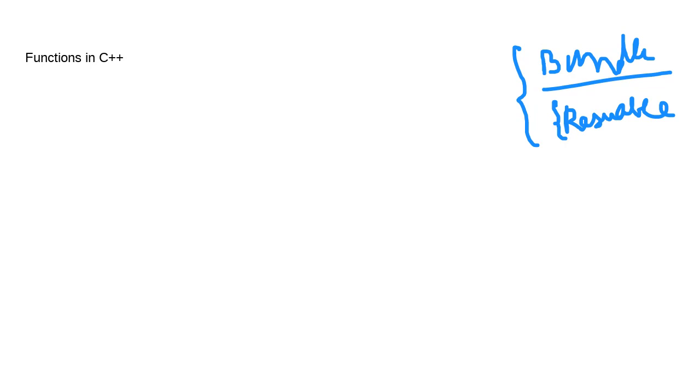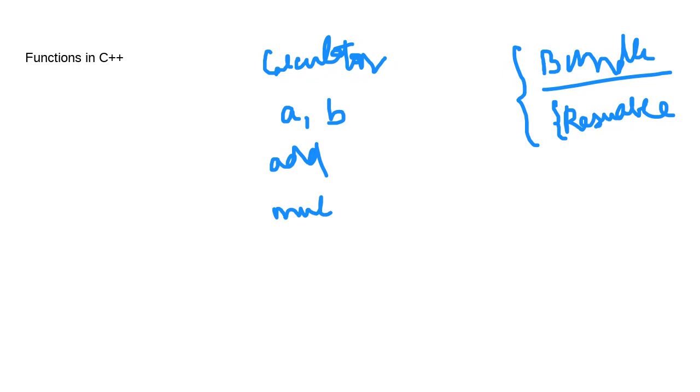Like for example, when I talk about implementing a calculator, I'm given two variables a and b. I have to perform addition, multiplication, division, and subtraction. So can I say these are four distinct tasks that I have to perform on these two variables a and b?